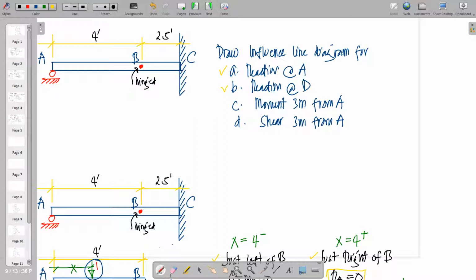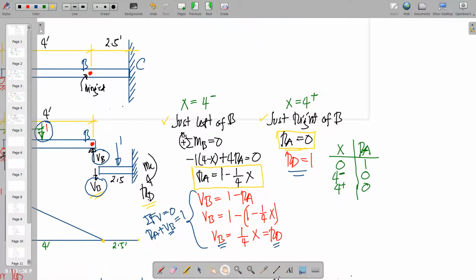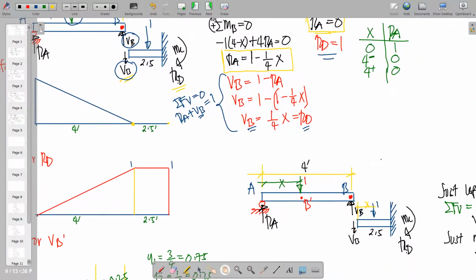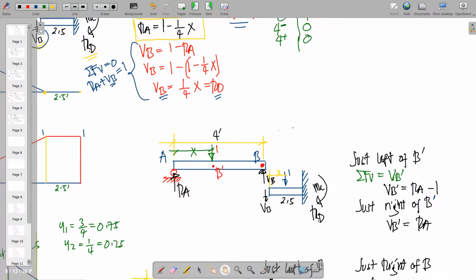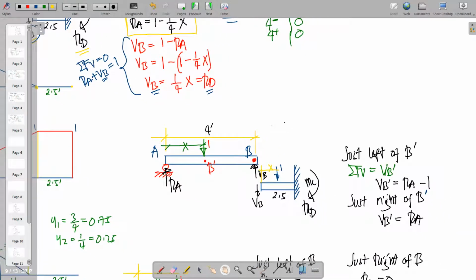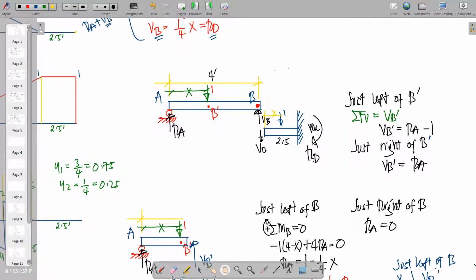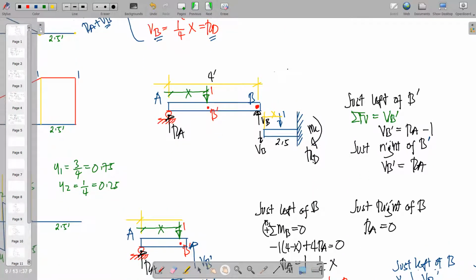So now we are going to proceed with moment 3 meters from A and shear 3 meters from A. So we will be using the same figure. Okay, so where's that? 3 meters from A. So 3 meters from A, we need to cut a section that is B prime.